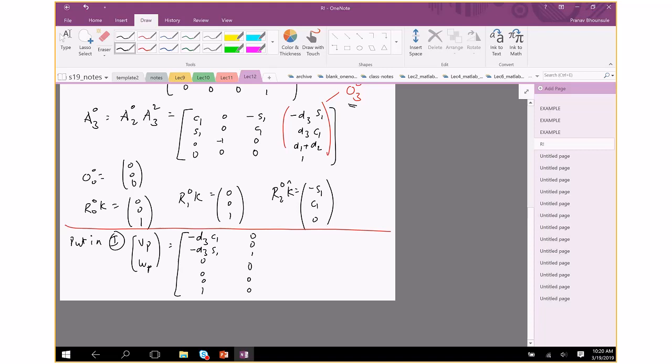J omega 2. Yeah, it's 0 0 0. 0 0 1, times theta 1 dot, d2 dot, d3 dot, and so these are the individual quantities we found.